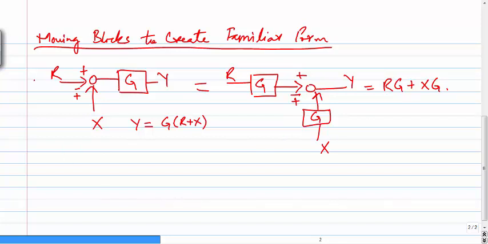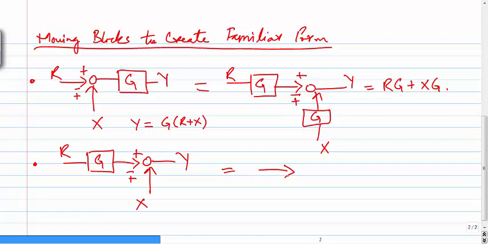Now there's another one where, for example, a block is here with the R and we have a summation point, a junction here, and this is X and this is our Y. If I want to move this block further ahead, it can be easily moved.